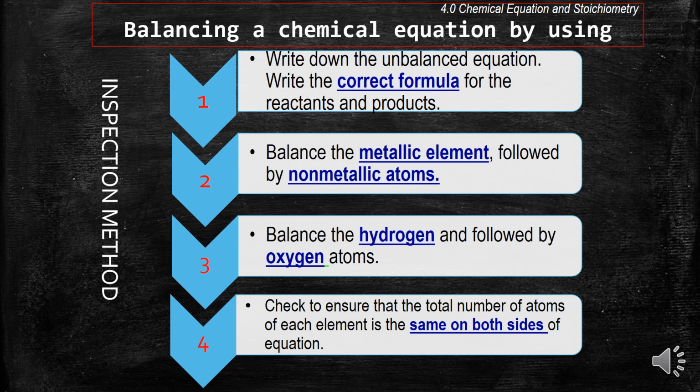Remember, we can change the coefficient but not the subscript, which means the number within the formula. Changing the subscript would change the identity of the substance. The last step, check to ensure that the total number of atoms of each element is the same on both sides of the equation.